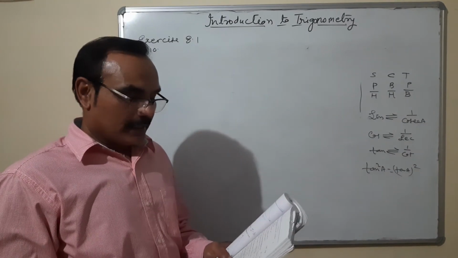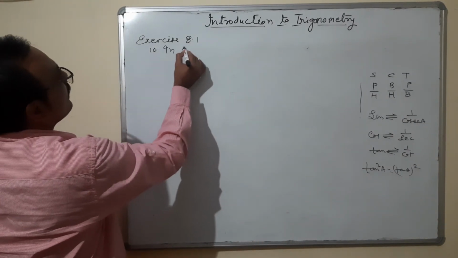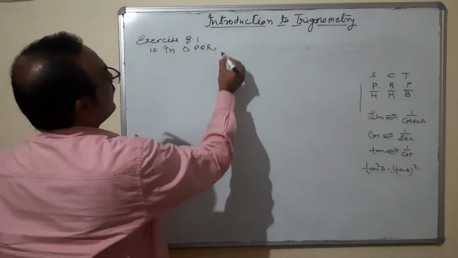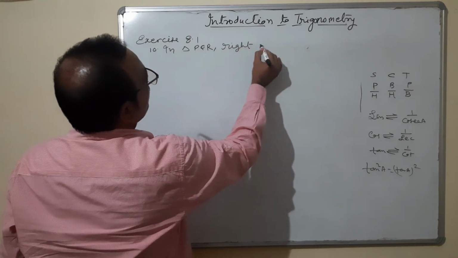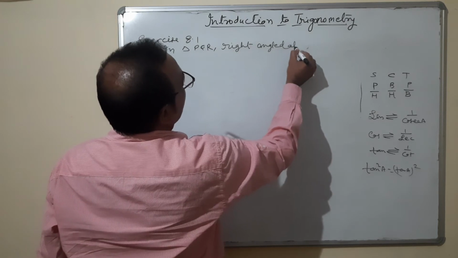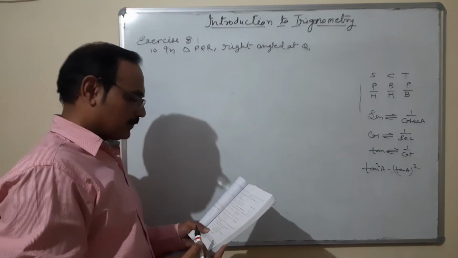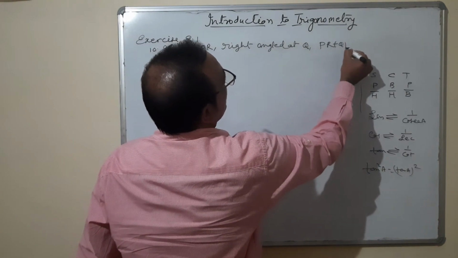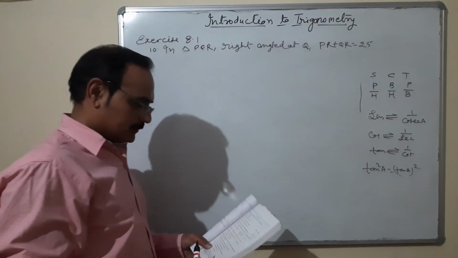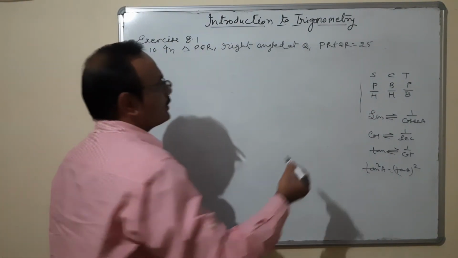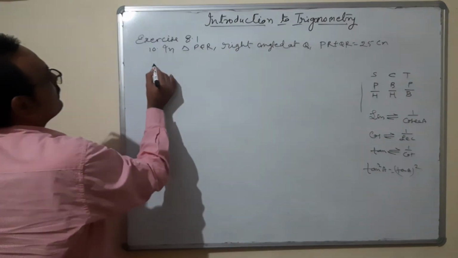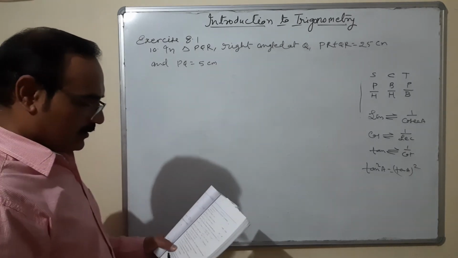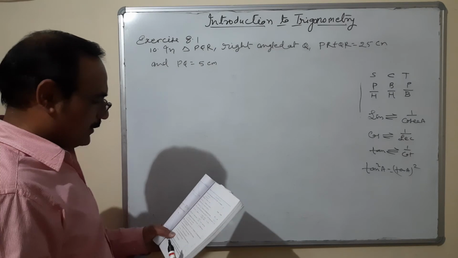In triangle PQR, right angled at Q, PR plus QR is equal to 25 centimeter, and PQ is equal to 5 centimeter. Determine the values of sin P, cos P and tan P.